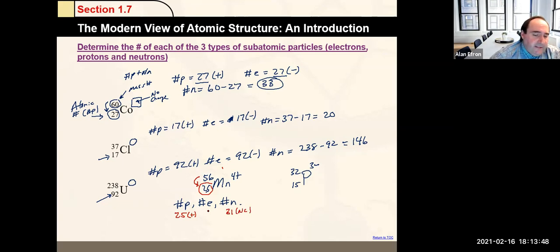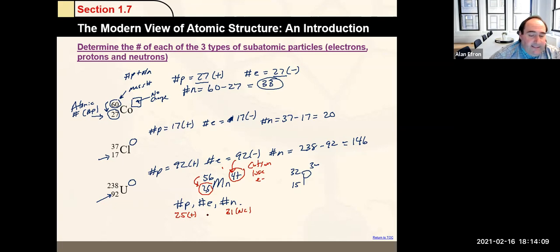Now that leaves us our number of electrons. Here we see a positive guy, which tells us it's a cation. It also tells us it lost electrons. And the number of electrons it lost from the neutral guy would be 4. It is positive, again, telling us that it lost them.